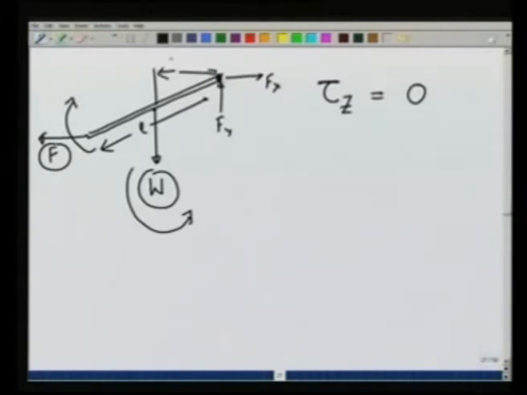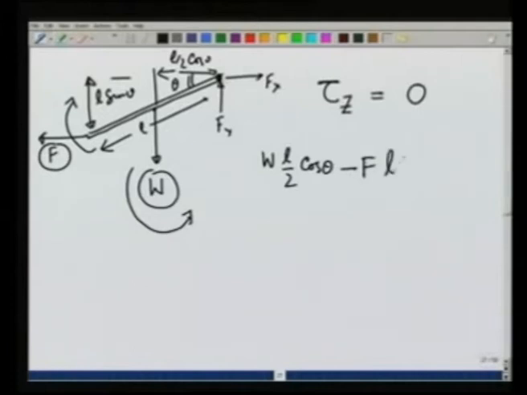This distance is going to be L over 2 cosine of theta, where this angle is theta, and this distance is going to be L sine of theta, and therefore, when I put tau z equal to 0, I get W L over 2 cosine of theta minus F L sine of theta is equal to 0, and that gives tangent theta is equal to W over 2 F.